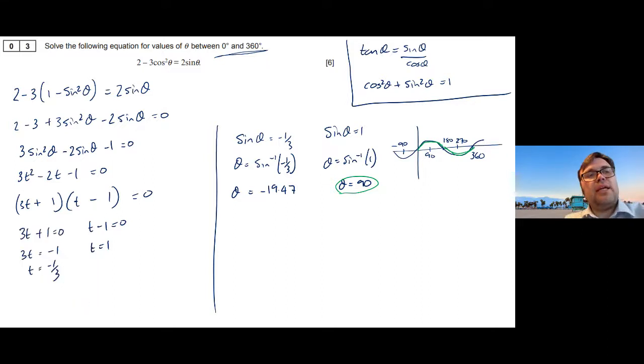So what I need to do next is look at the other side. So that's minus 19.47. That line there is minus a third.